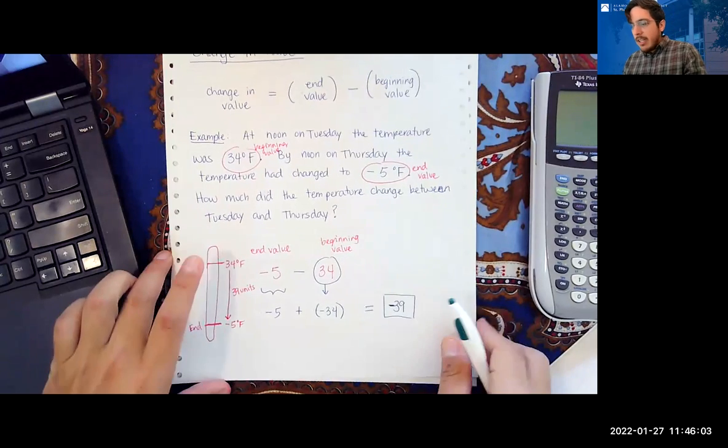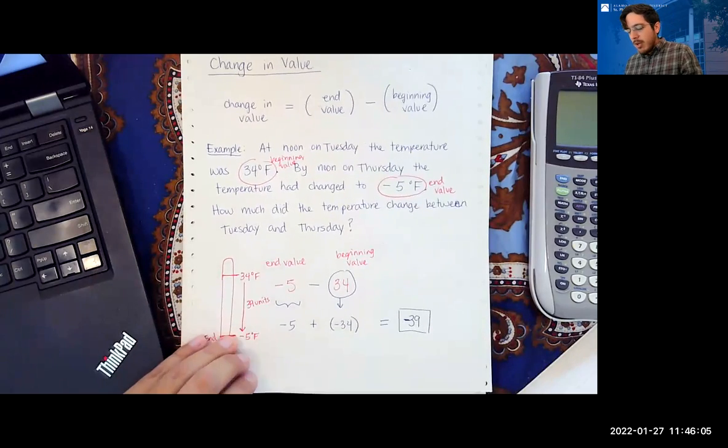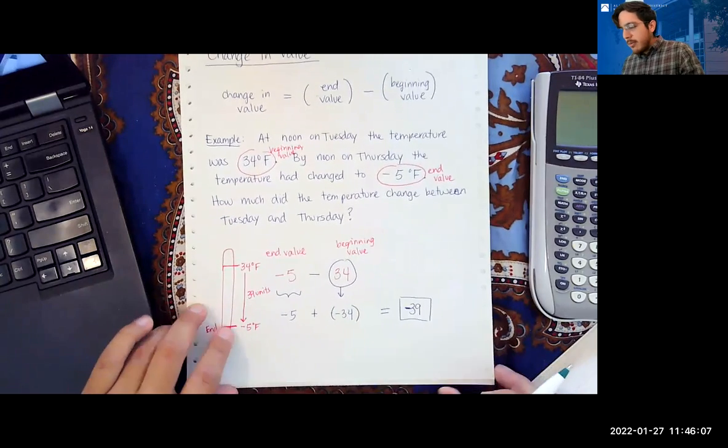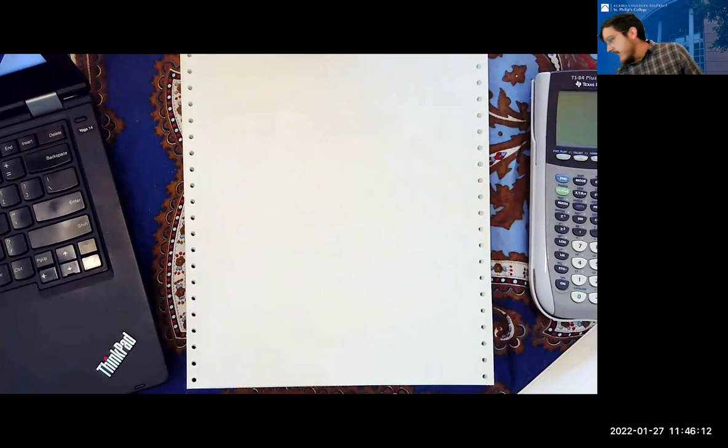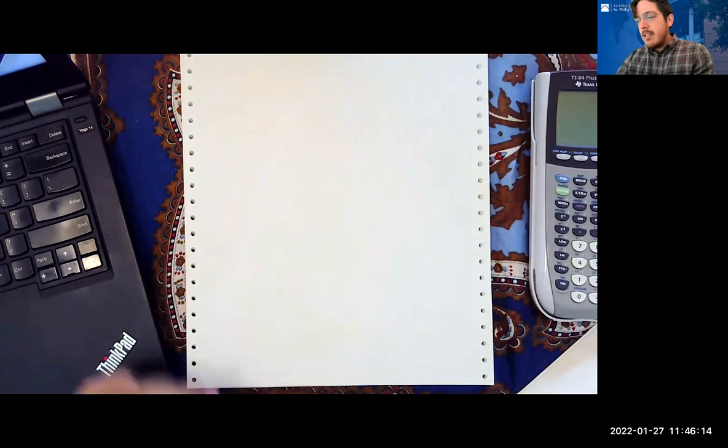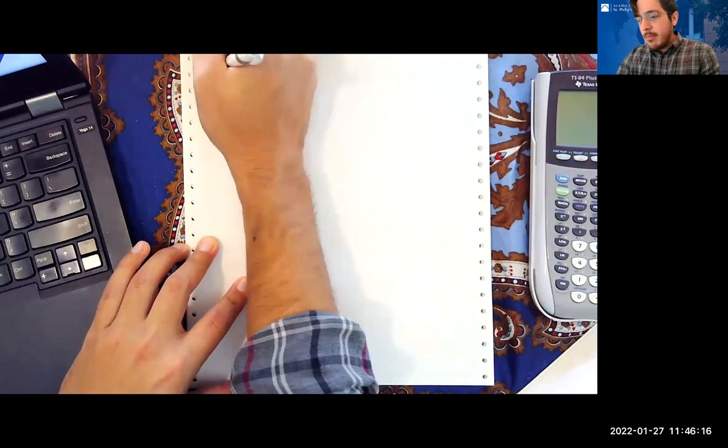Okay, now let me give you one more word problem just so that we have a good sense of what to expect in the homework. So here's another example word problem.